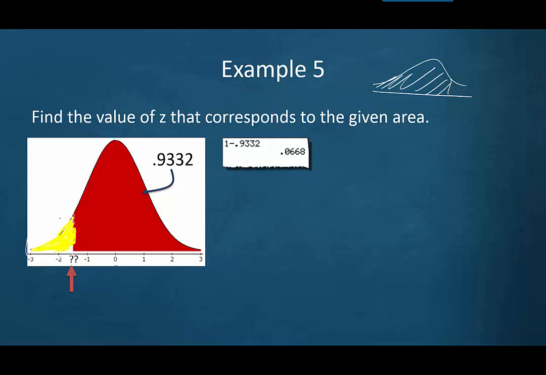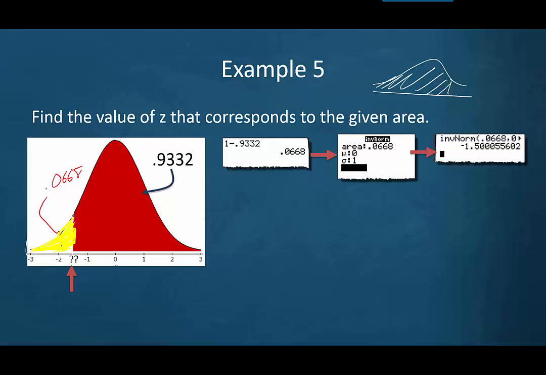This 0.0668 is that area, that yellow spot that I just shaded in. So that's the value that I need to put into my inverse norm, 0.0668. And I'll get about -1.5. So that would be the value that goes there. That looks about right, right? It looks like it's right in between -1 and -2.